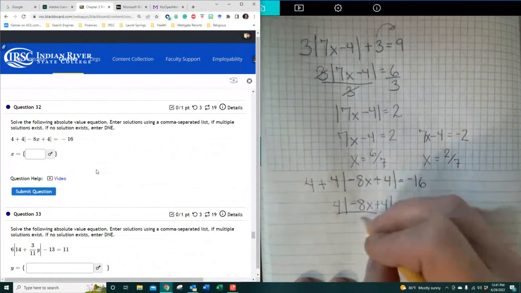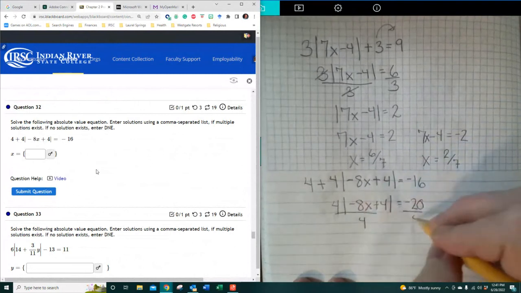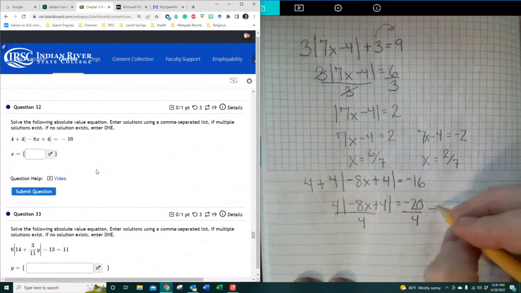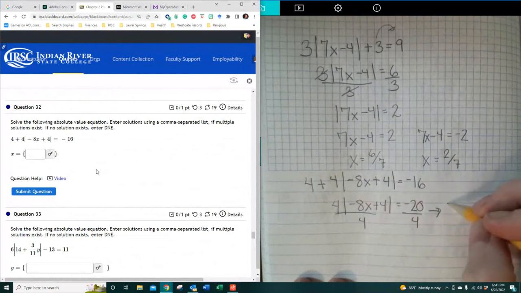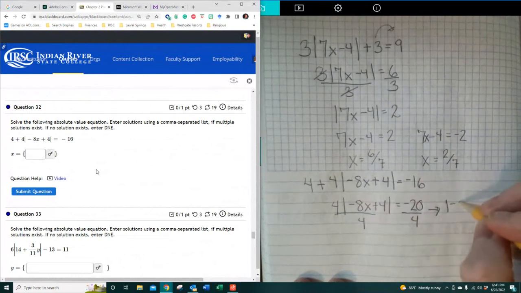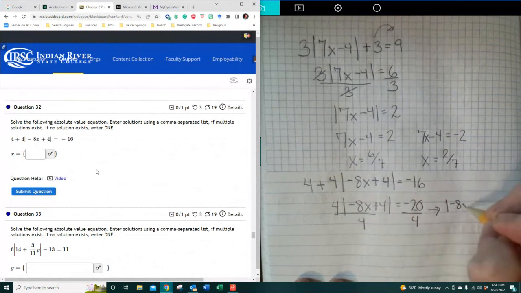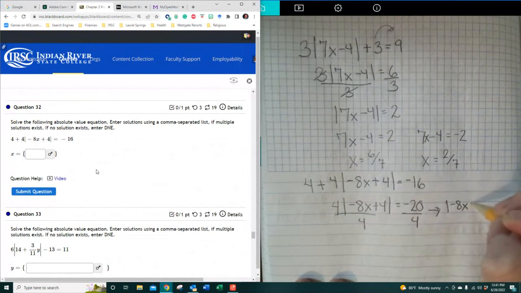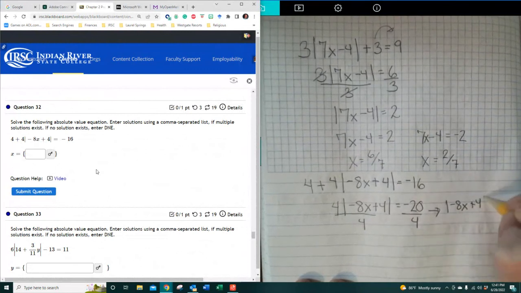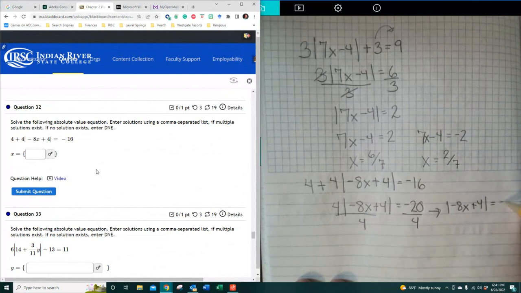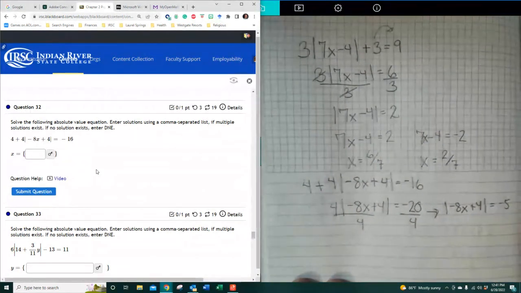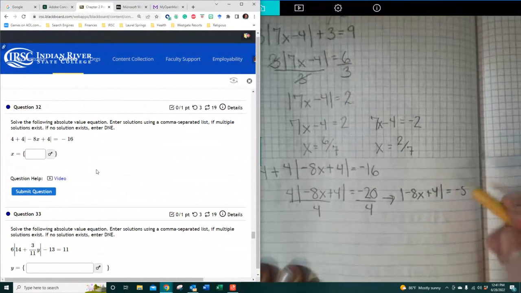Divide both sides by 4. You have negative the absolute value of negative 8x plus 4 equals negative 5. Then now evaluate this.